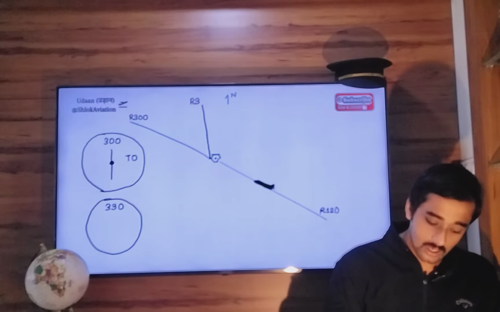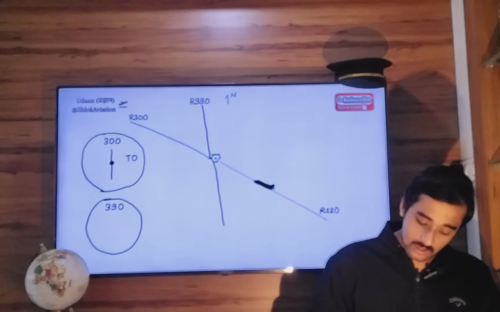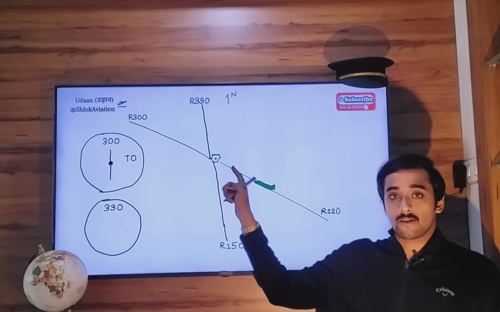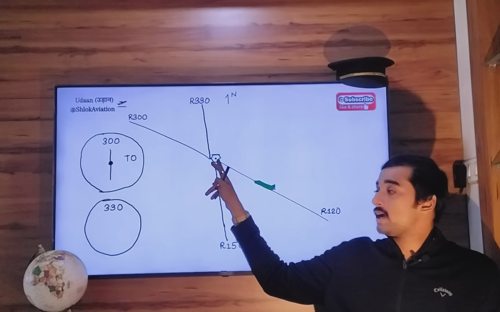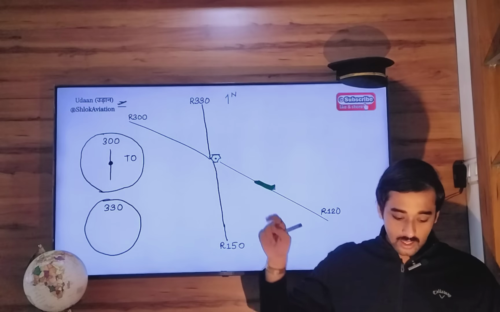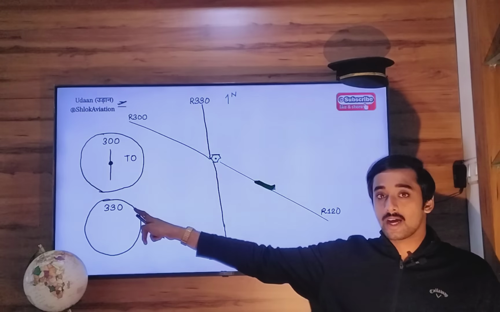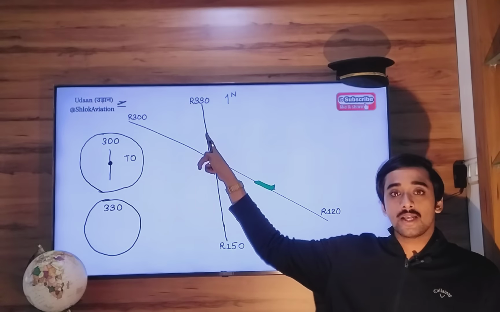Radial 330. The reciprocal of 330 is radial 150. Initially you were flying radial 120 inbound towards the VOR station. Overhead the VOR station, you will transition onto the next radial 300 outbound. Now, when you change the OBS setting from 300 to 330, you want to transition onto this new radial 330.